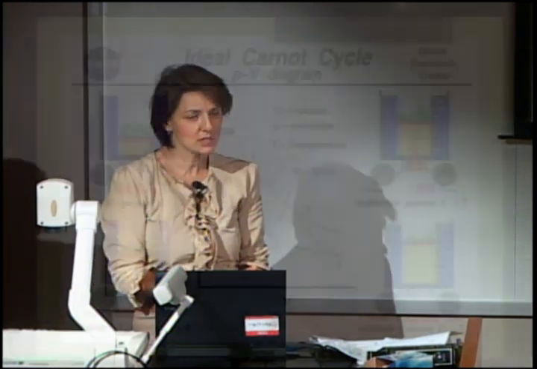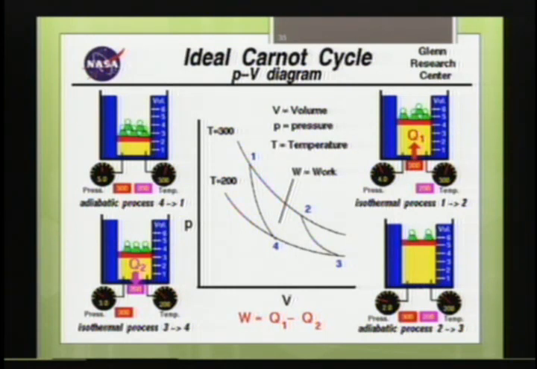Right, so you need to kind of compare what you put in and what you are getting out, right? So based upon what you saw in the previous chart with all of the processes, isochoric, isothermal, isobaric, and adiabatic, the ideal engine is called the Carnot engine, which is following the Carnot cycle.